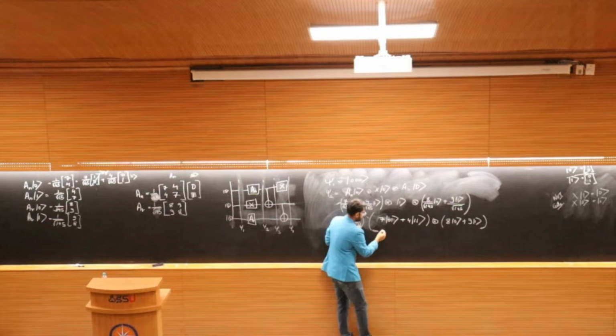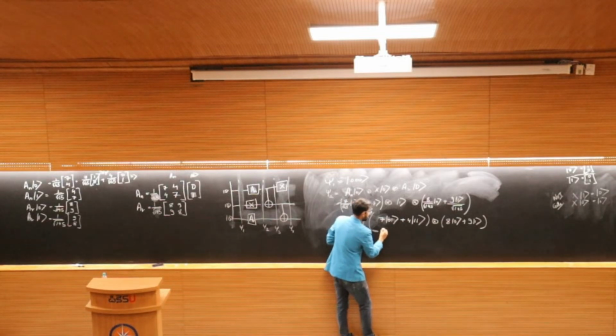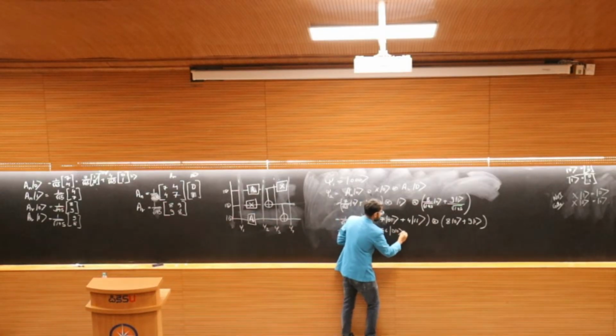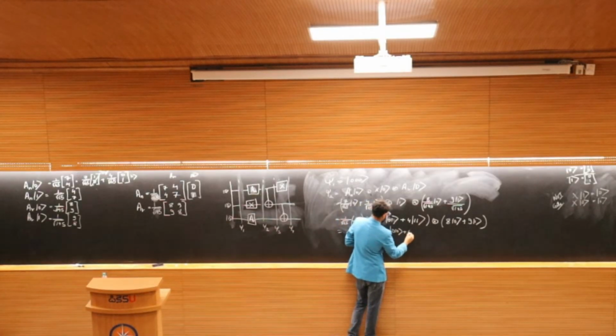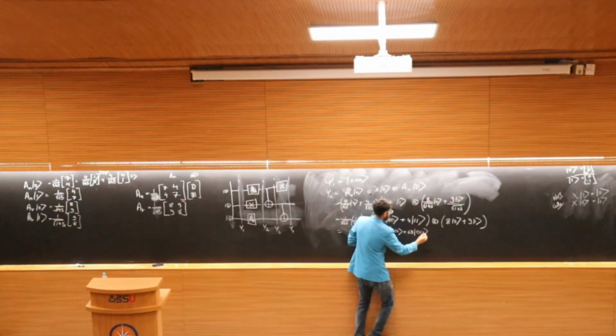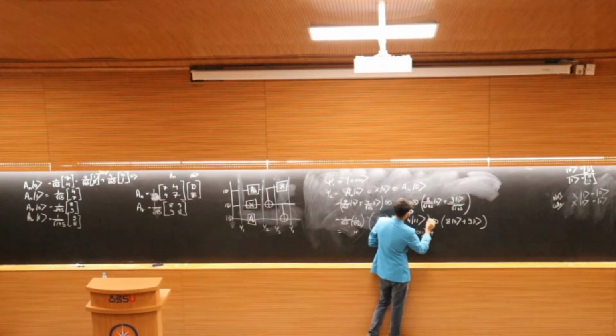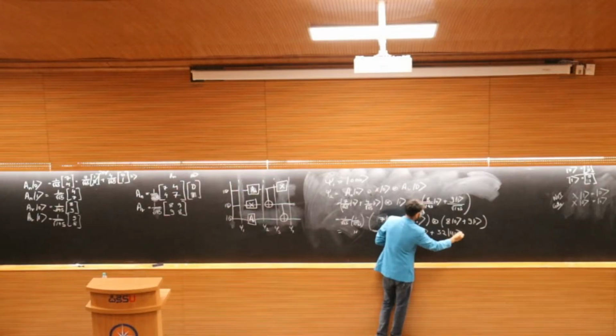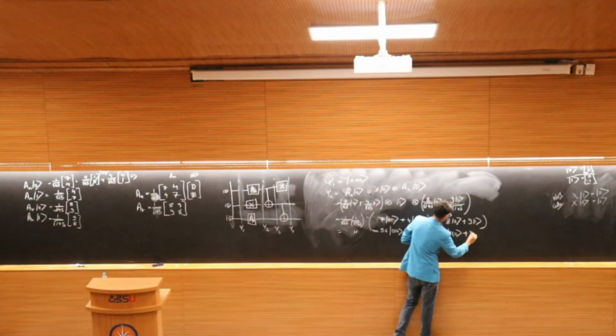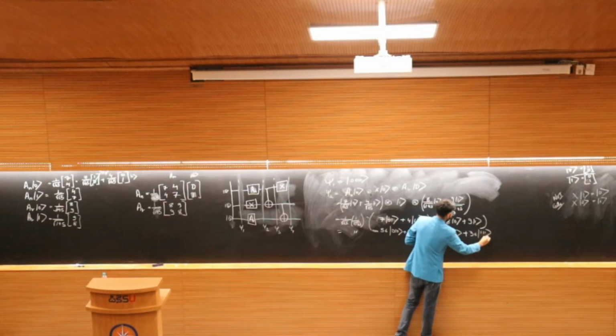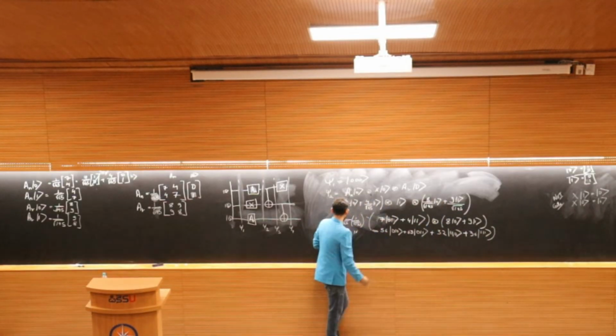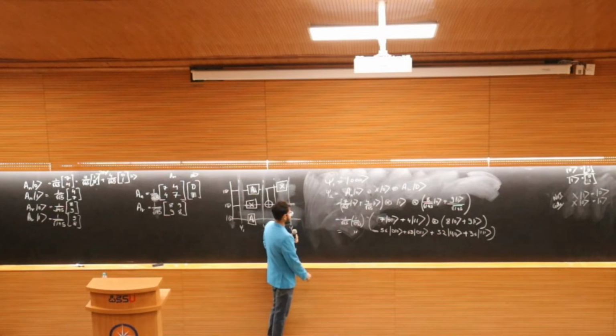This remains as it is. Let's multiply, that is 56 010 plus 63 011 plus 4 into 8, 32 110 plus 36 111. So that's your full side 2 term.